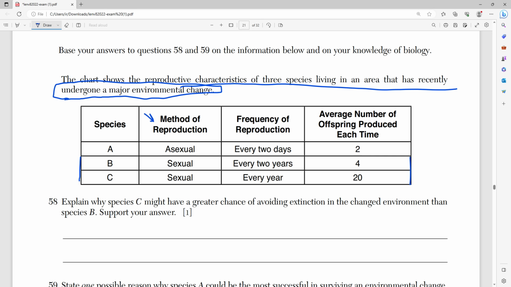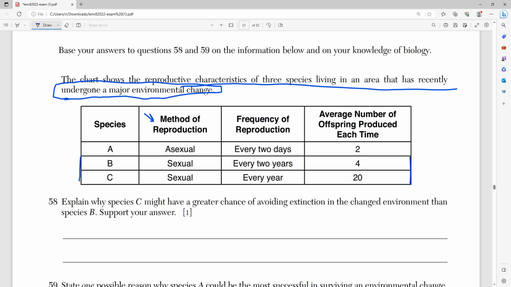So we're going to have greater diversity than a species that reproduces asexually, right? Remember that asexual reproduction means that the parent creature and the child are genetically identical.